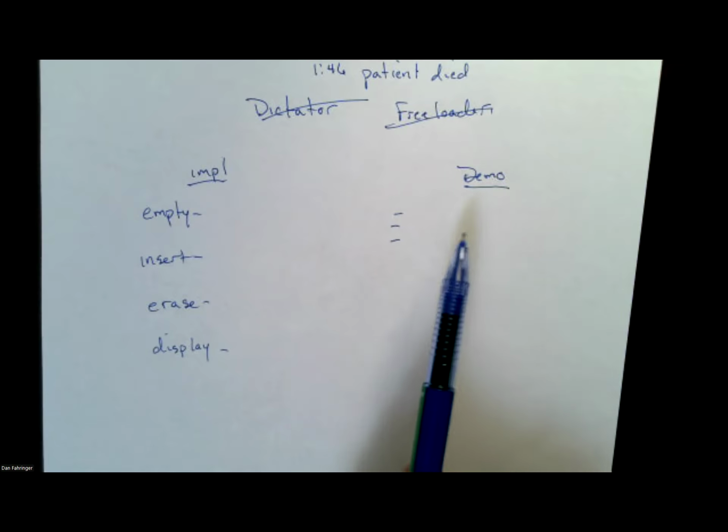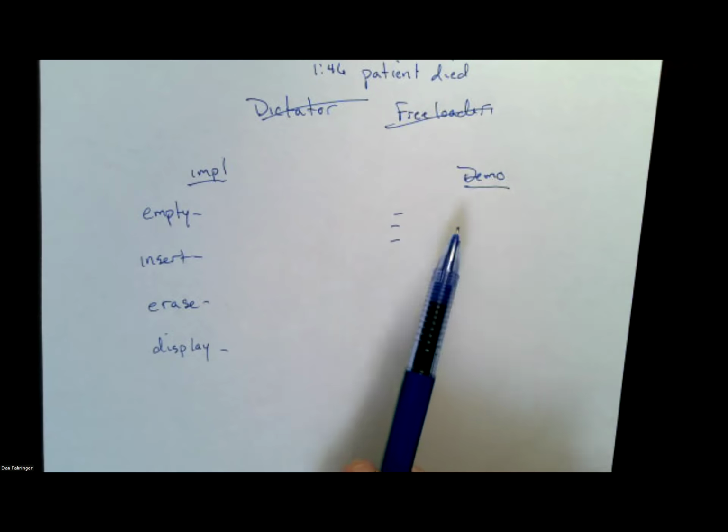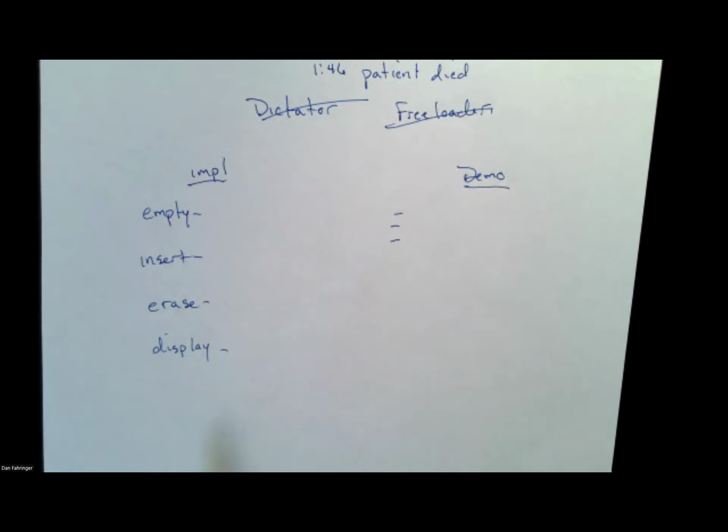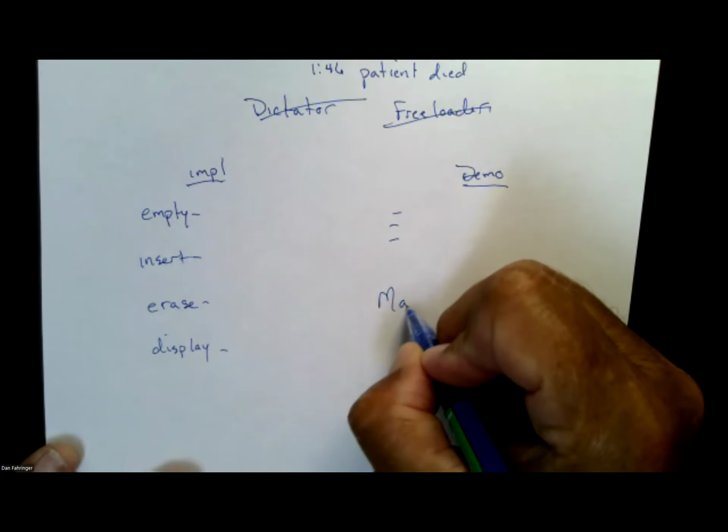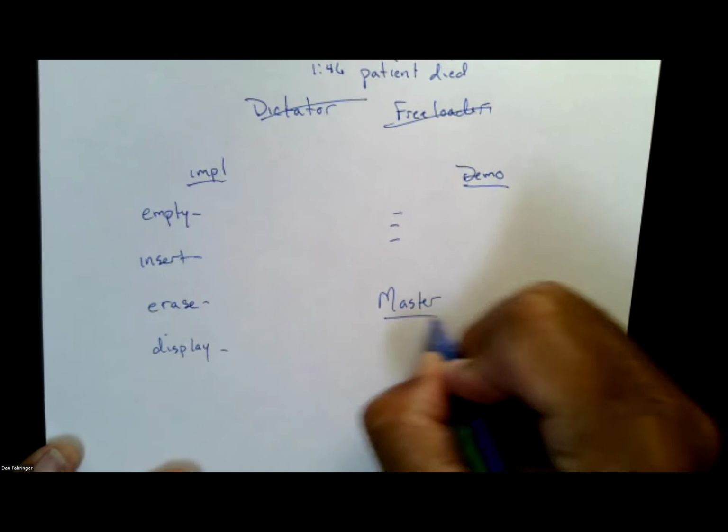The people writing the demo, I need to check in on them. Oh boy, what's going to be important? Making sure everything's named the same way. Luckily we have the header file that has things listed and named for us. But we need a master, somebody to be in charge.